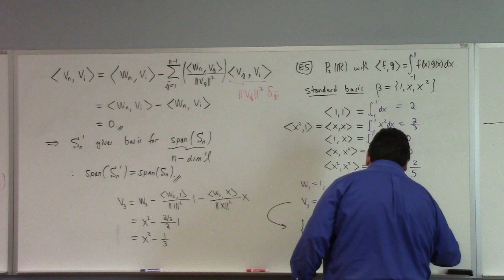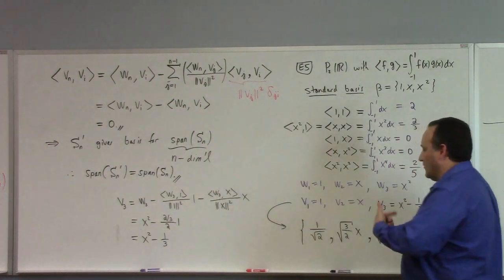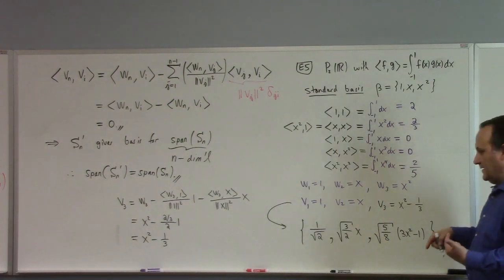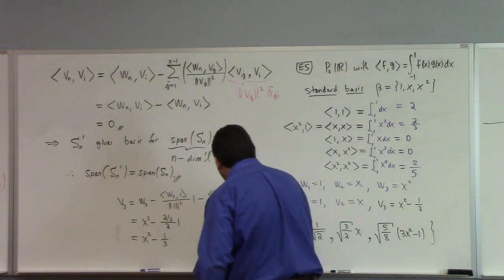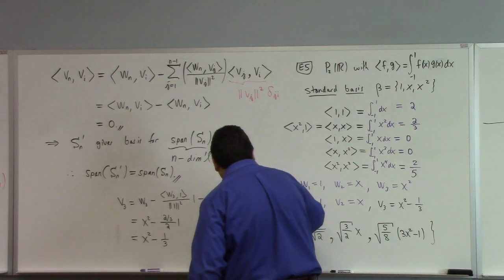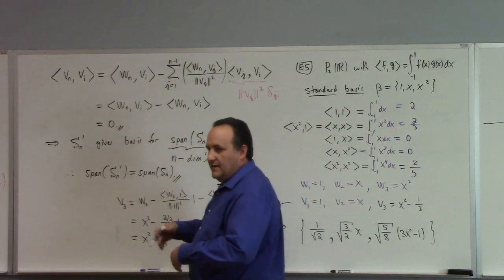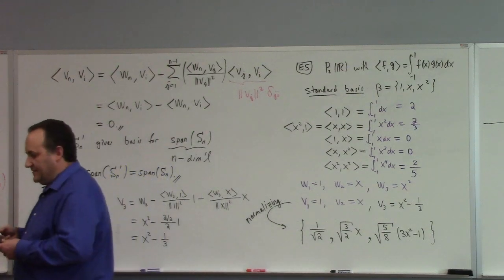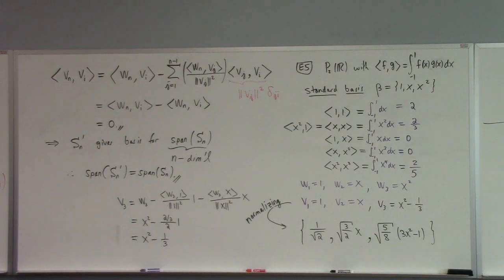So this is what I get from normalizing the orthogonal basis. How do you normalize a set of vectors? You simply take the vectors and divide each one respectively by its length. That gives you a unit vector in the same direction.